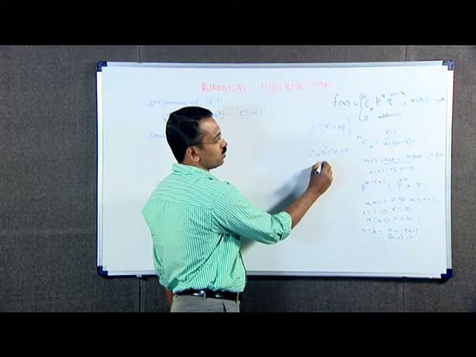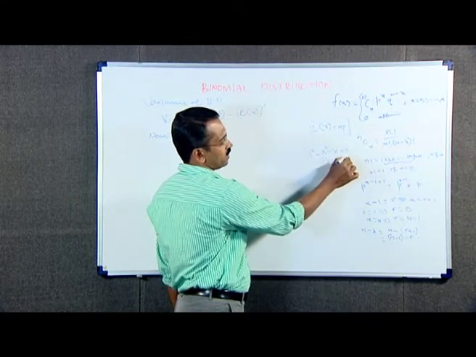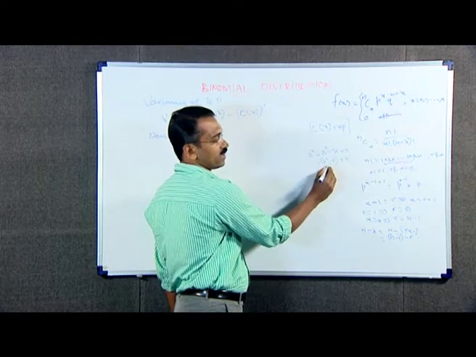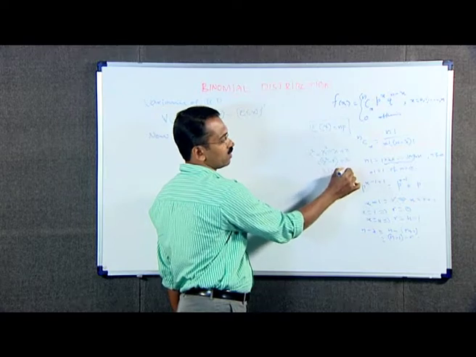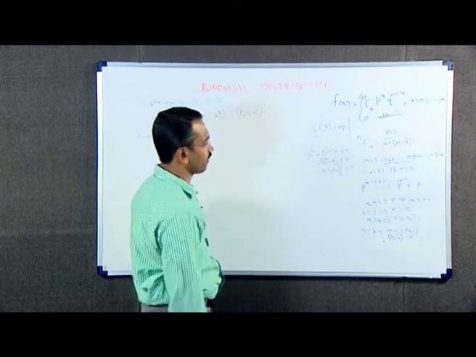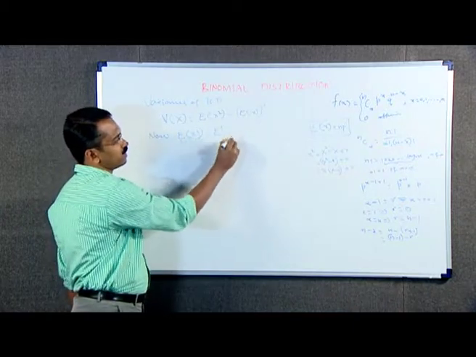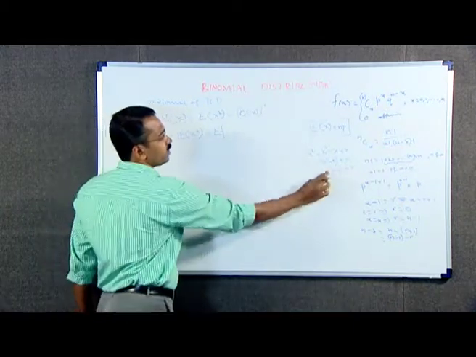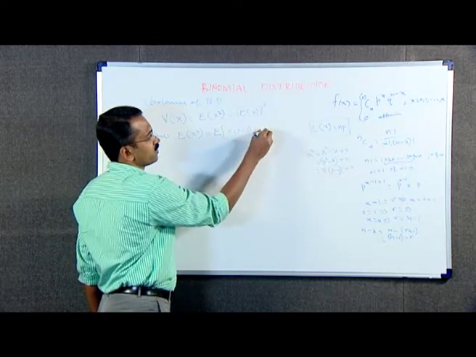This is equal to x square minus x plus x. That is, we can take x outside, then x into x minus 1 plus x. Therefore, E of x square is equal to expectation of x into x minus 1 plus x.